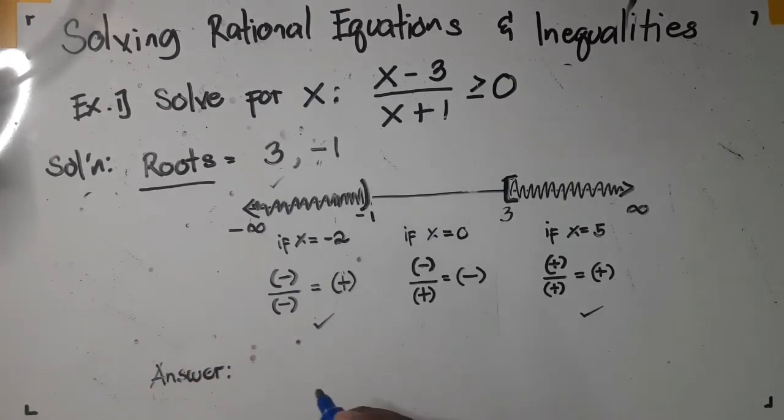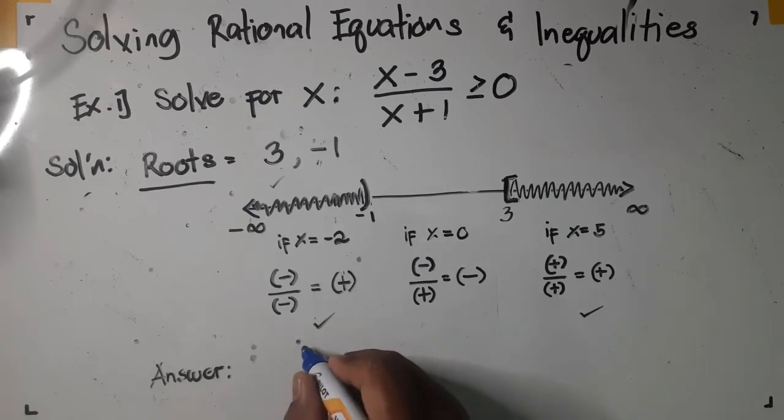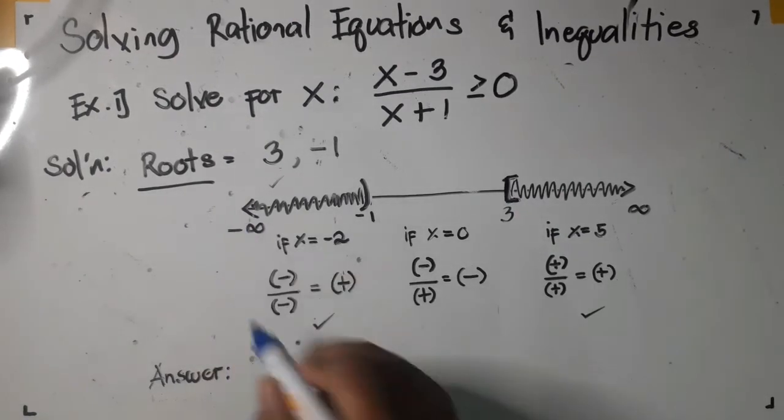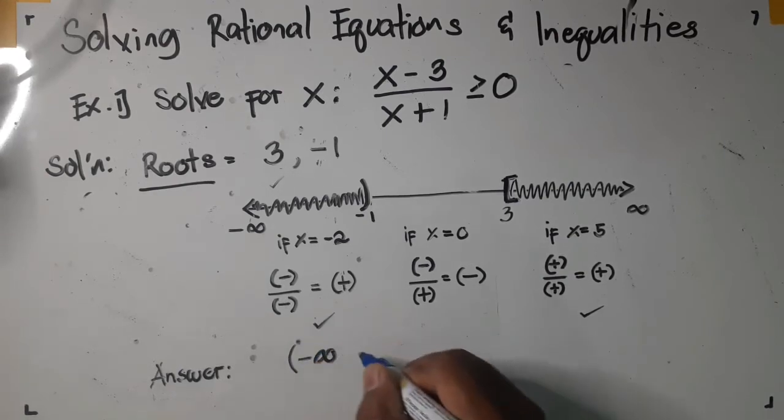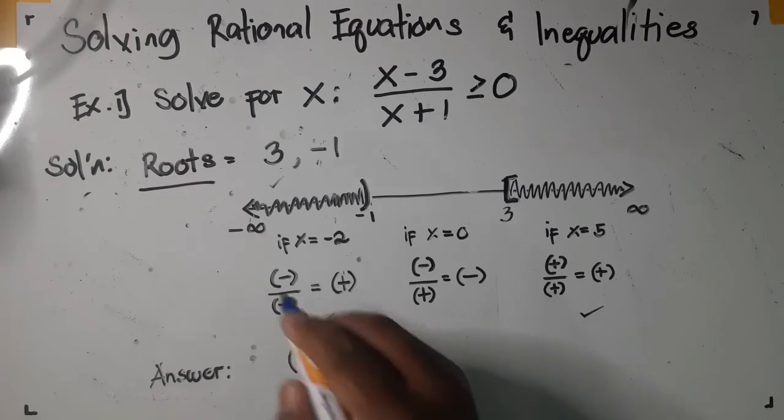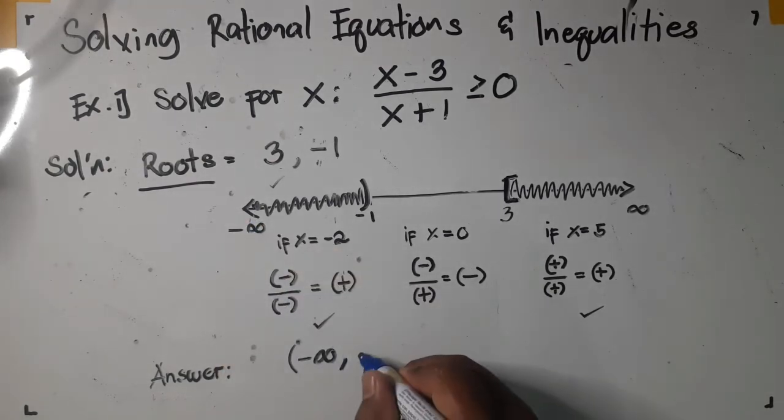okay, so, if that involves negative infinity or positive infinity, always use a parenthesis. So, for this one, since this is a negative infinity, use parenthesis. Okay, so negative infinity until negative 1.